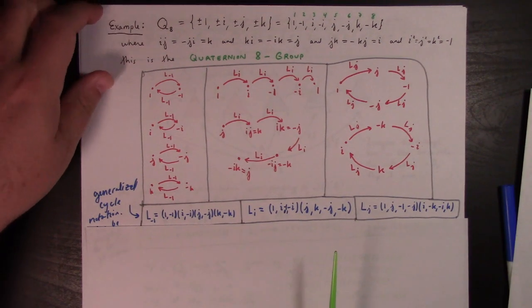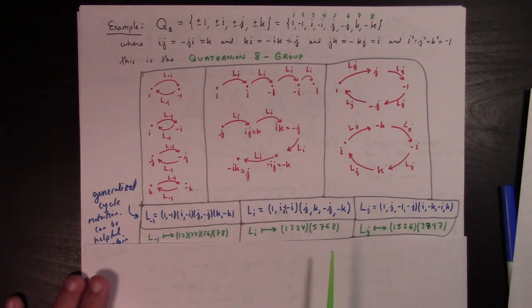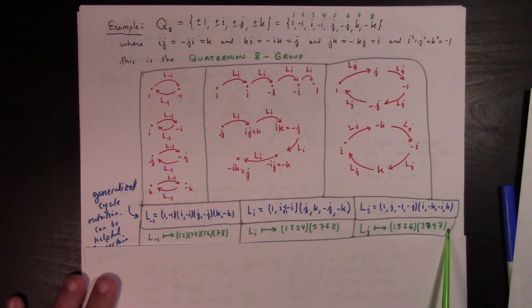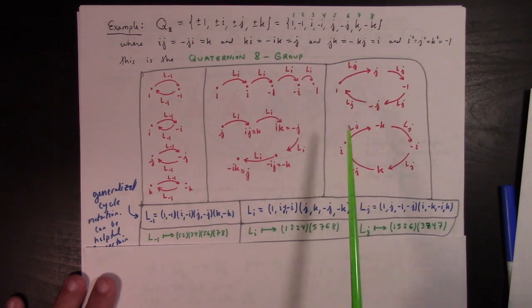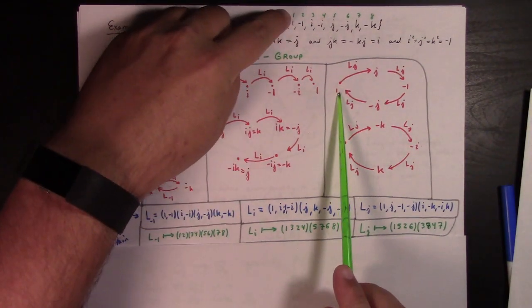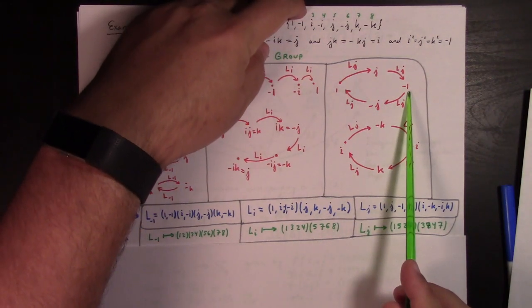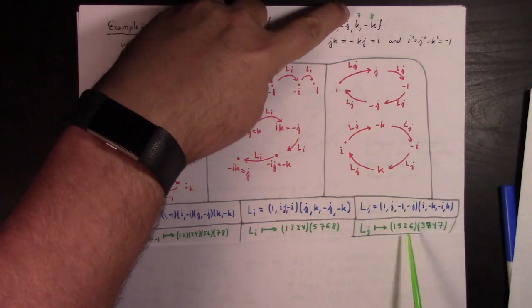With the nomenclature introduced in green above the quaternion 8 group, we have the following corresponding cycles in S8. The 1, 2, 3, 4, 5, 6, 7, 8, like so. We have 1, 3, 2, 4, 5, 7, 6, 8, and we've got our 1, 5, 2, 6, 3, 8, 4, 7. And if you're wondering why, let's go through it. 1 is 1, j is 5, minus 1 is 2, and then minus j is 6, that's why I have 1, 5, 2, 6.